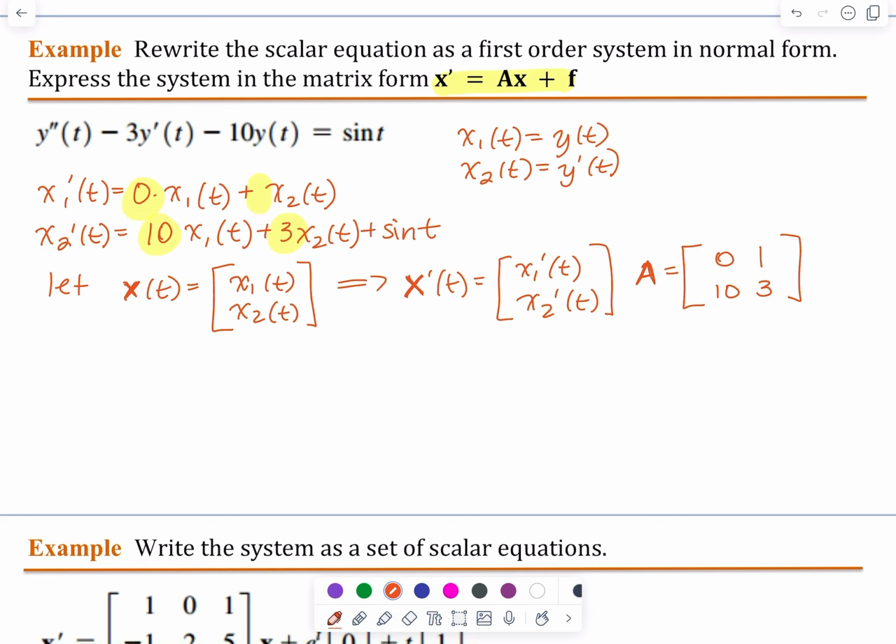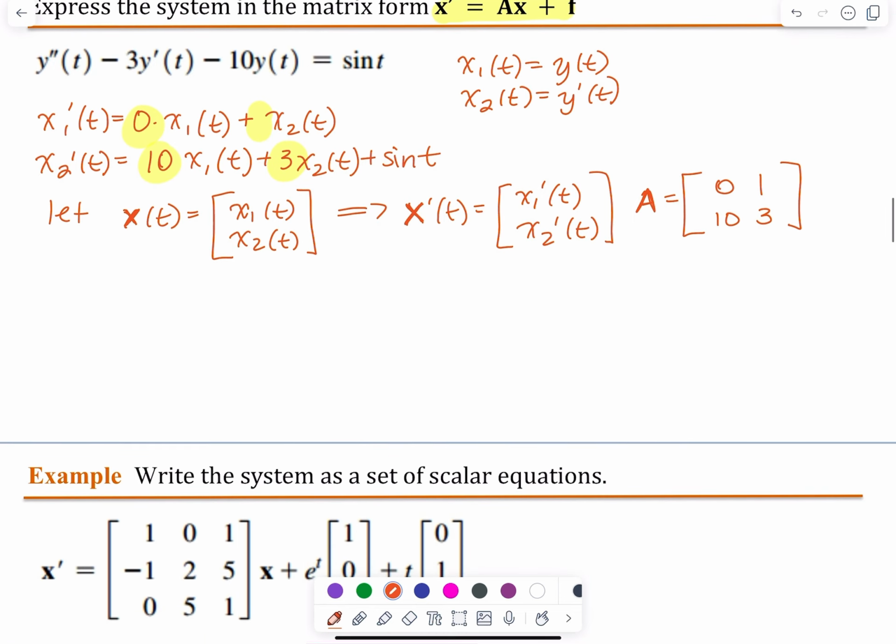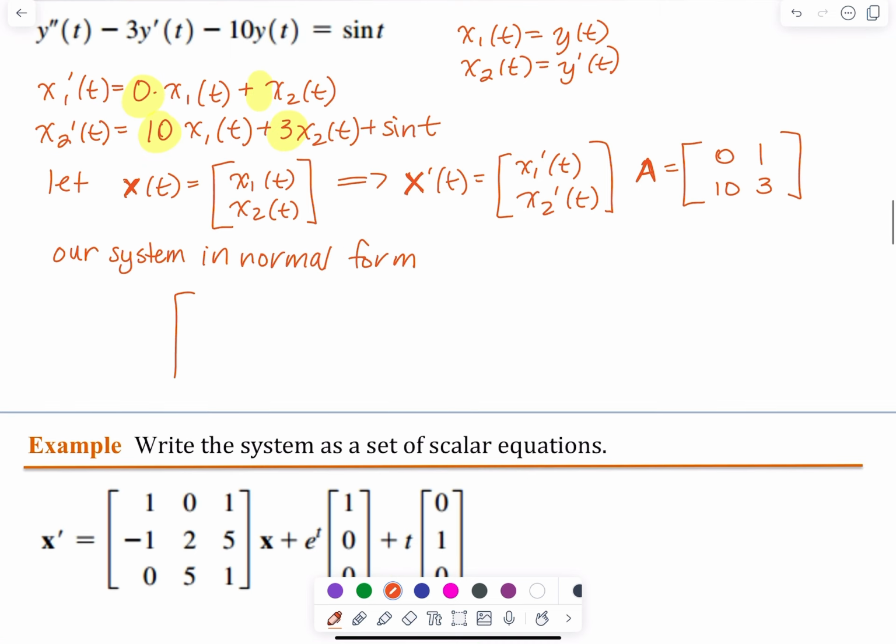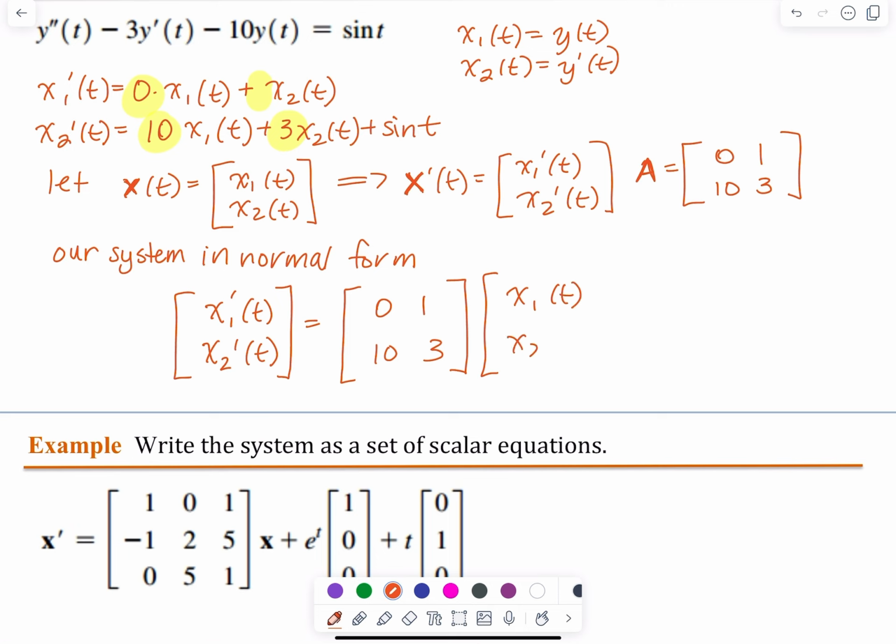Okay, so with that, our system in normal form can now be written as follows. Here's our matrix A. Here's our vector of unknown functions. And here is our f of t vector.